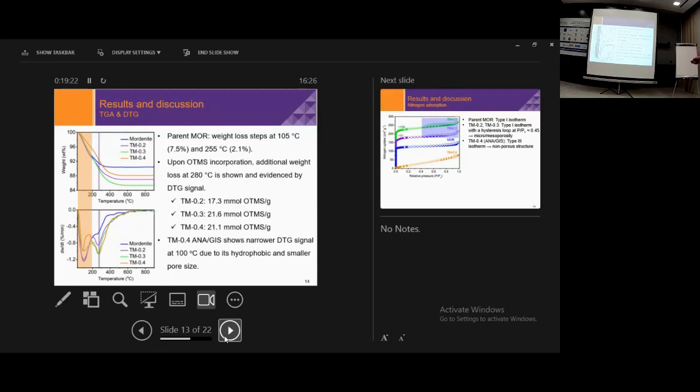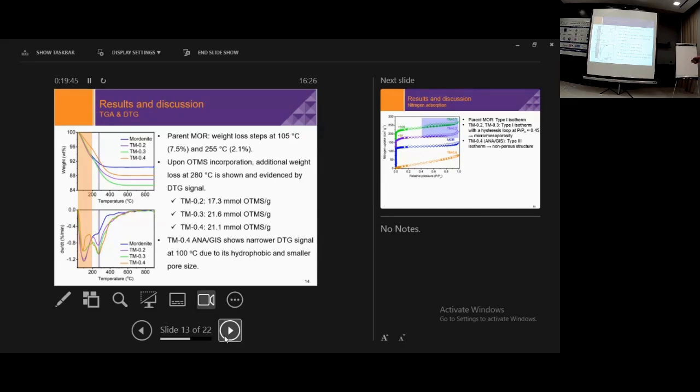Based on the calculation, we can observe that the OTMS incorporated into TM 0.2, 0.3, 0.4 is about 17 to 21 millimole of OTMS per 1 gram of zeolite solid.